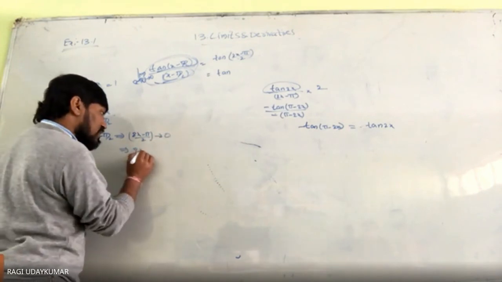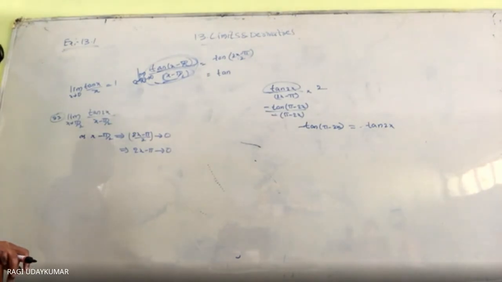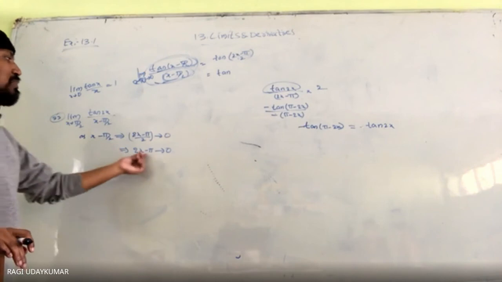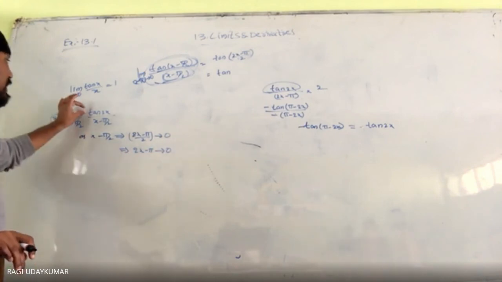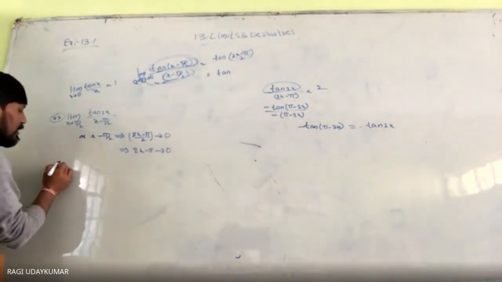When it tends to 0, it is also near to 0. So 2x minus pi tends to 0. Now you retransform this one like this. So what can you write here?